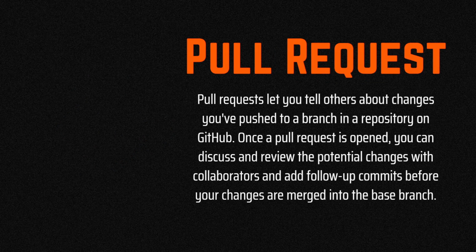Pull request is actually a pretty important concept in Git, in version control in general. I mentioned that we can push our modifications to the remote repository, but they are not actually accepted. Generally speaking, we have a separate branch with a different version of the project.